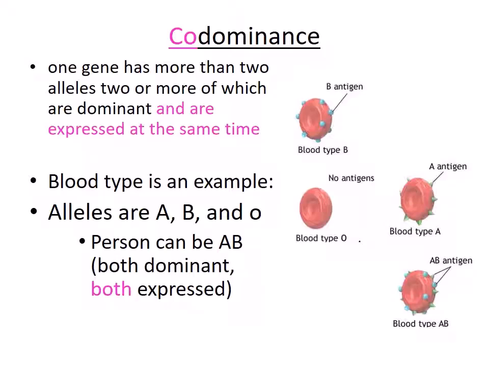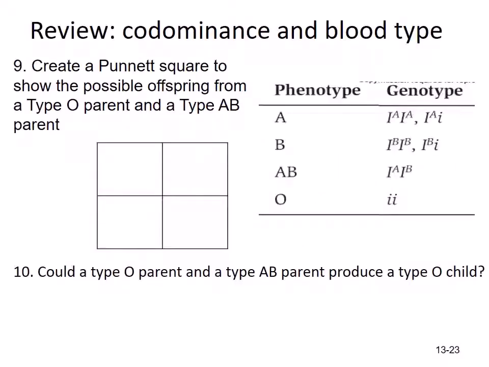We've already talked about blood type a little bit, where we talked about how surface markers determine what your blood type is. Blood type A has A surface markers, type B has B surface markers, AB has both A and B surface markers, and type O blood has neither A nor B surface markers. So a person could have type A blood, type B blood, type O blood, or even type AB blood. So let's do a problem with codominance and blood type.